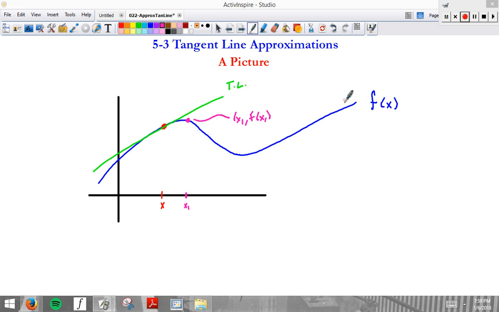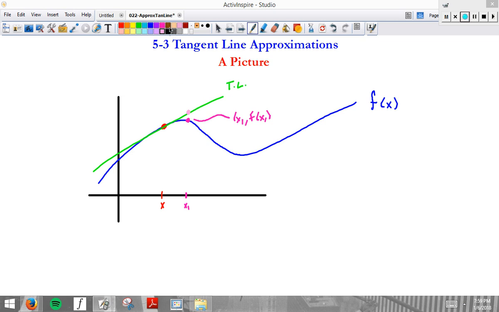But let's say f of x is hard to calculate with. Well, what's not hard to calculate with would be this line. And at x1, because a line would only ever be multiplied by the slope and then add the intercept, our line's y value would be right there.